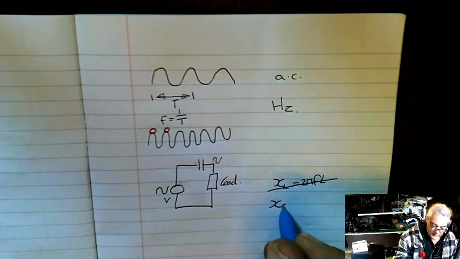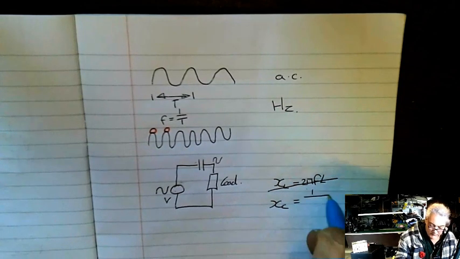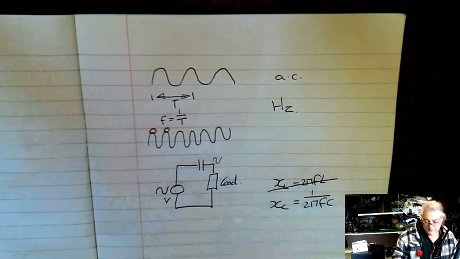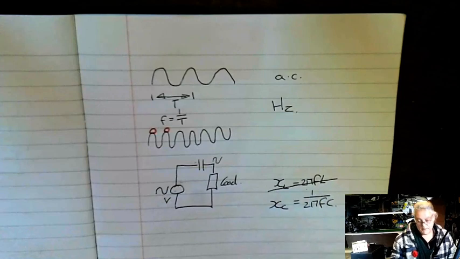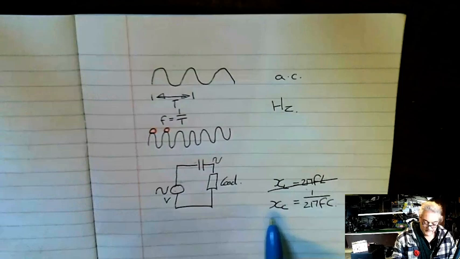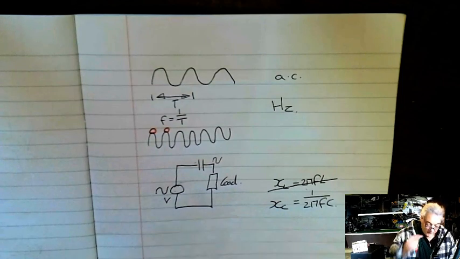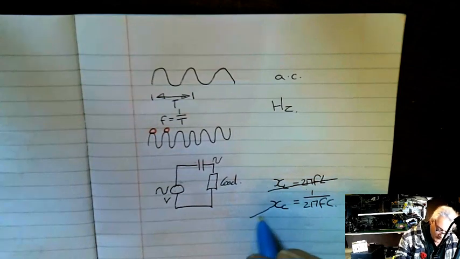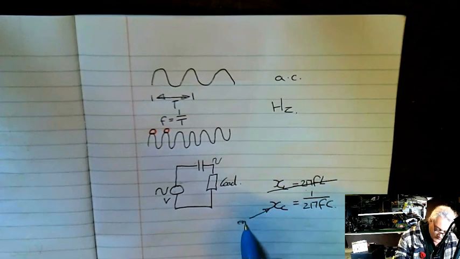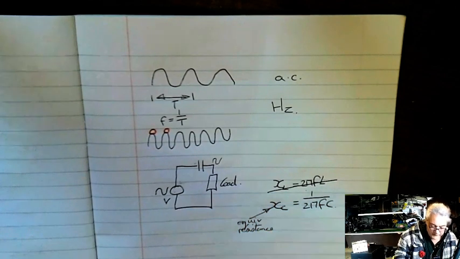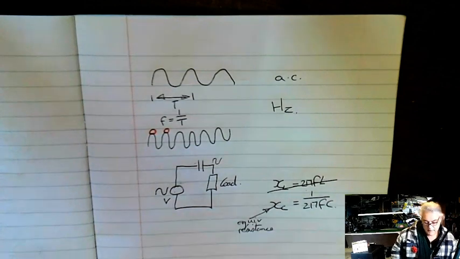So XC is equal to 1 upon 2 pi FC. That's the one for the capacitor, that's the one for the inductor, but I've just taken that out because we're doing capacitors first. Now what does that tell me? What that tells me, so this is equivalent resistance, or impedance, because it's an alternating current.